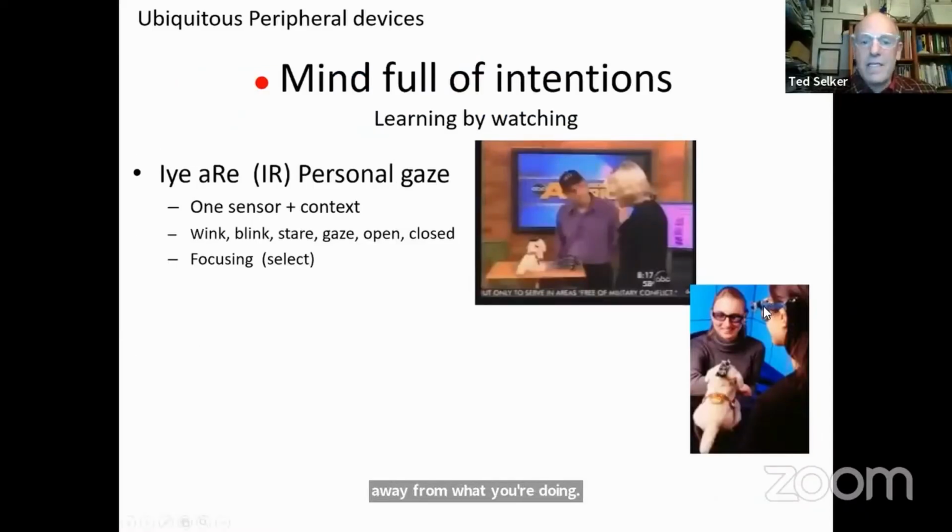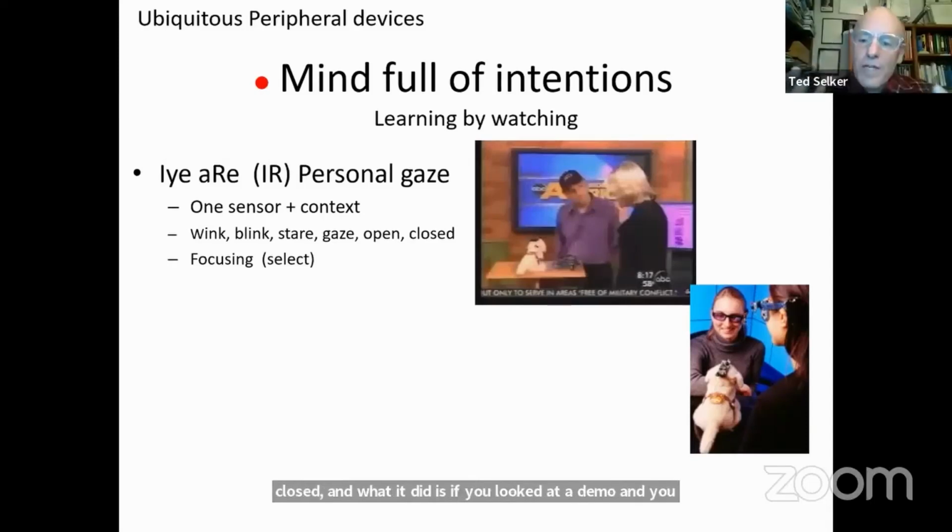This is something called IR. And IR is about identity, but it used infrared to look at your eye with one sensor. And what I loved about this is we were able to, with one sensor, recognize, with context, whether you were winking or blinking or staring or gazing or eyes were opened or closed. And what it did is if you looked at a demo and you showed interest in it, it would email you that demo.